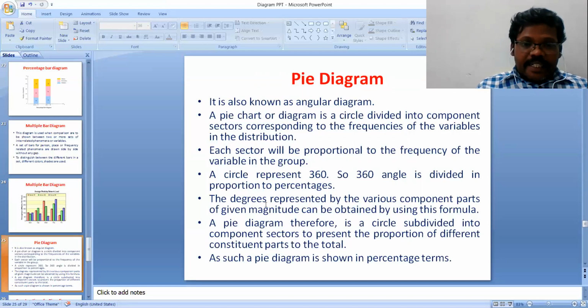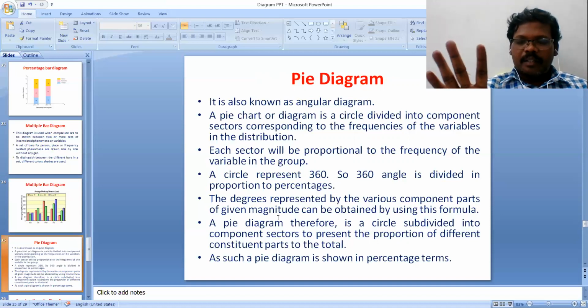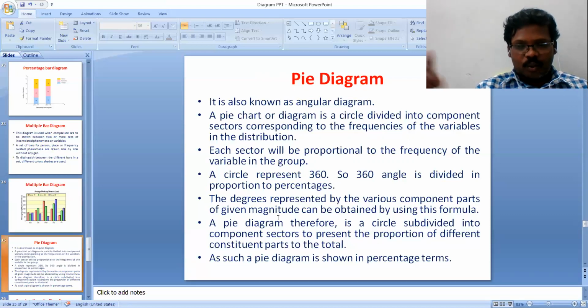This degree is represented by the various component parts of a given magnitude, which can be obtained by using this formula. Based on that formula we are going to subdivide into different components. A pie diagram therefore is a circle subdivided into component sectors to present the proportion of the different constituent parts to the total.